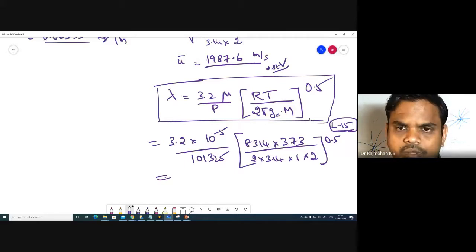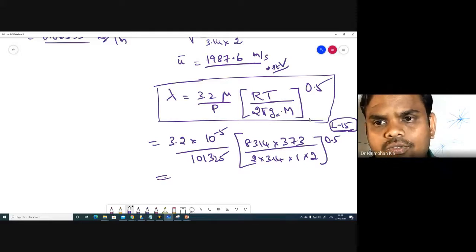Remember we have to substitute pressure in Pascal, mu viscosity in Pascal second, R value 8314 Pascal meter cube per kilomole Kelvin, molecular weight in kg per kg mole or gram per gram mole. That way Gc is equal to 1. So with that we can substitute to get the value.